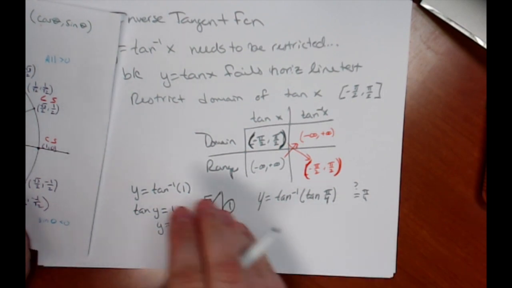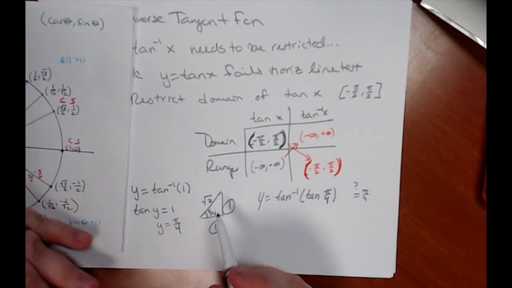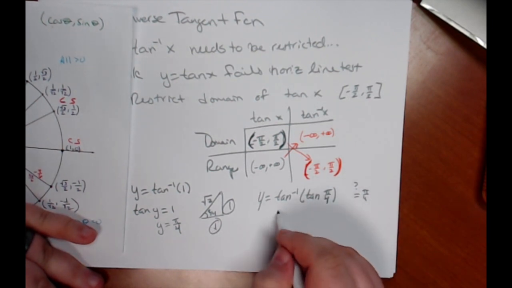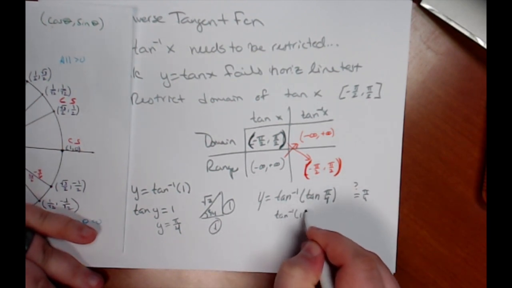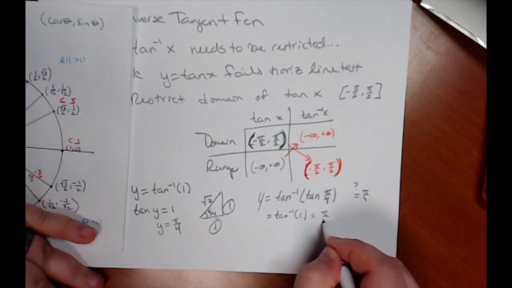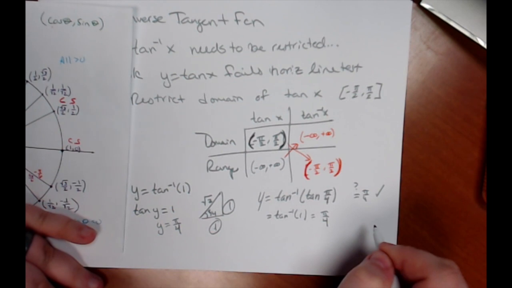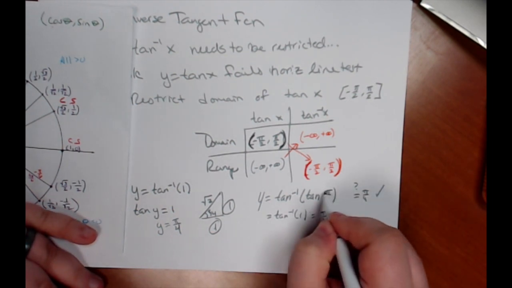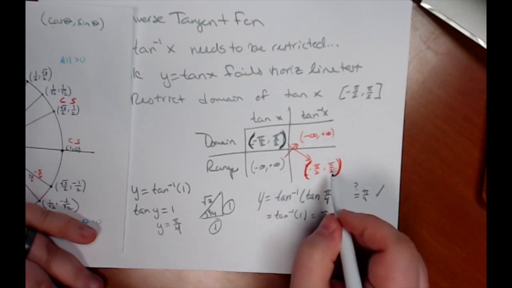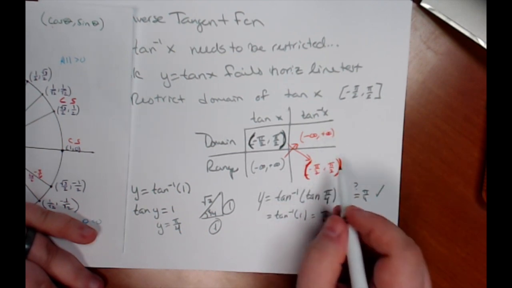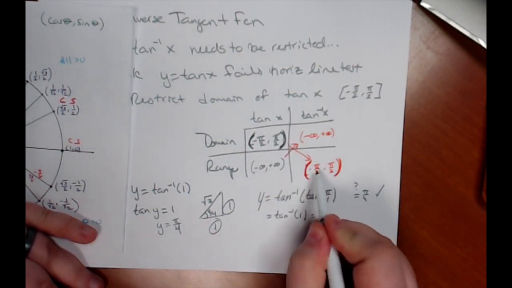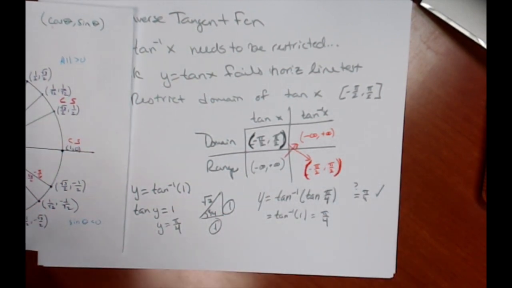Well, let's find out. Tangent of pi over 4, we just said, is 1 over 1. So we have arctangent of 1, which is pi over 4. So remember, this works because pi over 4 is within our domain of tangent, so it'll give us that value out.